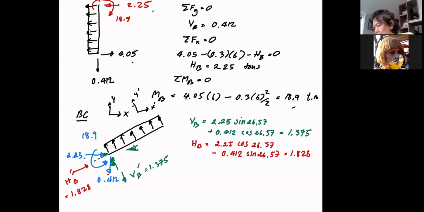So you may want to use sigma Fx equal to 0, but this one is x prime, right? Because you're looking at the force in this x prime axis. With that, you have HC prime is also equal to 1.828. So that's the one. That's 1.828.